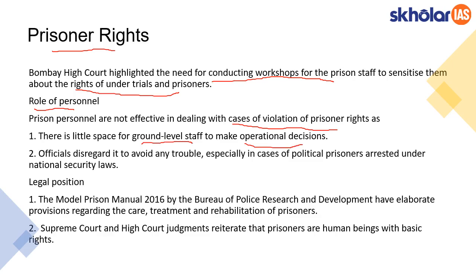Secondly, the officials who actually have the power to take decisions don't want to get involved, because they want to avoid trouble by getting into this aspect of prisoner rights. And also when the prisoners are political prisoners, the officials try to disregard such violations, because they don't want to get into trouble, and they turn a blind eye towards such issues.